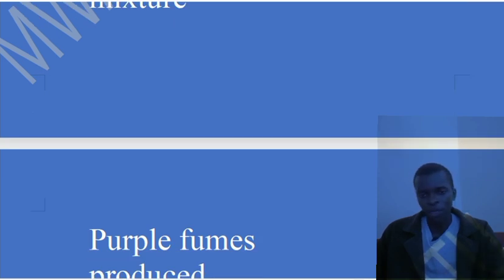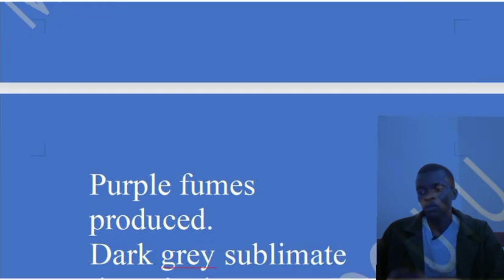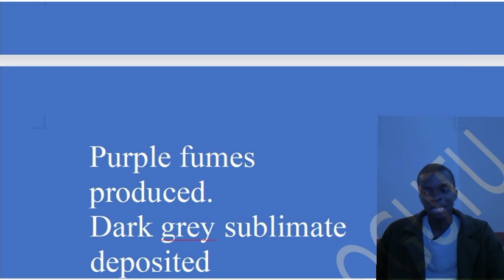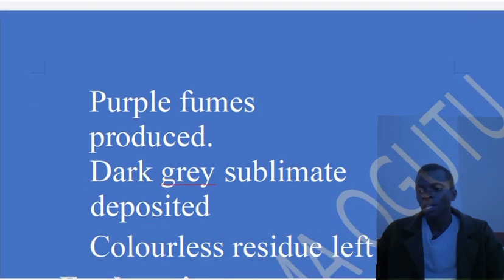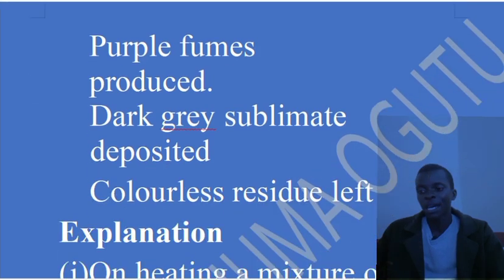Remember the other one we had white fumes. But now with iodine crystals, we're having purple fumes produced, dark gray sublimate deposited, then colorless residue left.